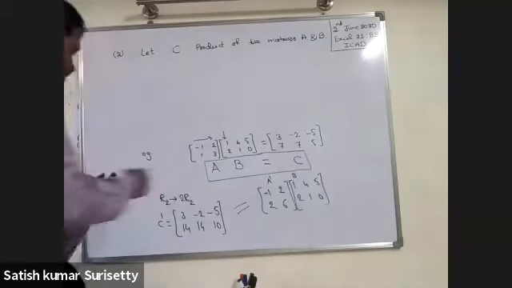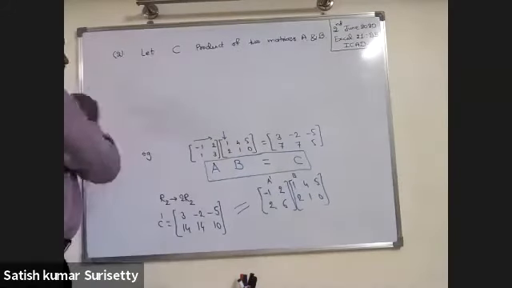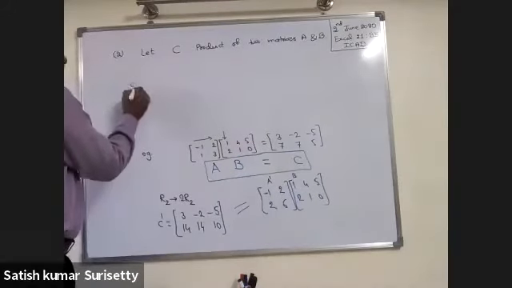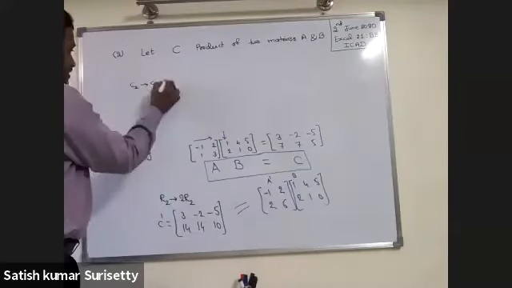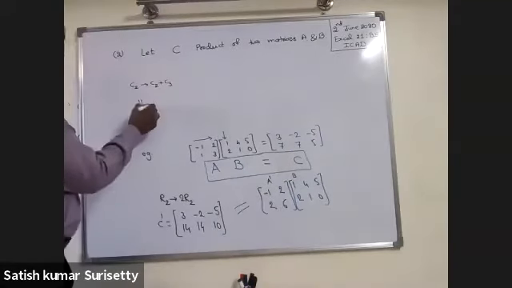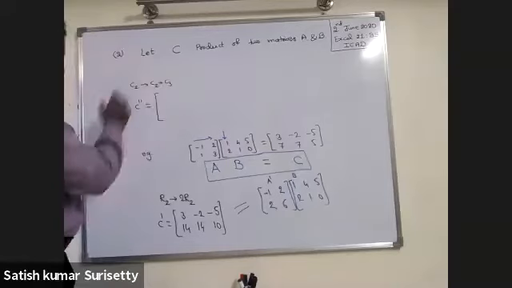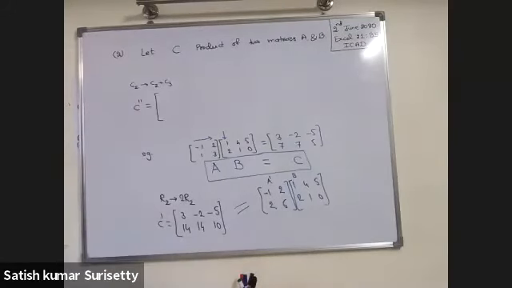Now let us verify with the column operation also. Apply C2 to C2 plus C3 on C and tell me the new matrix C double dash.